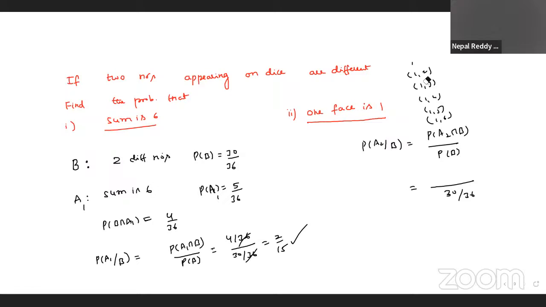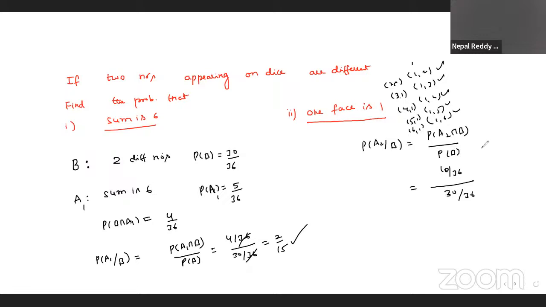So reverse of this, (2,1), (3,1), (4,1), (5,1), (6,1). Total 10, so 10 by 36 is the probability of A2.